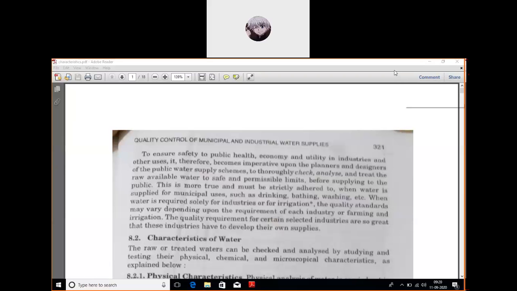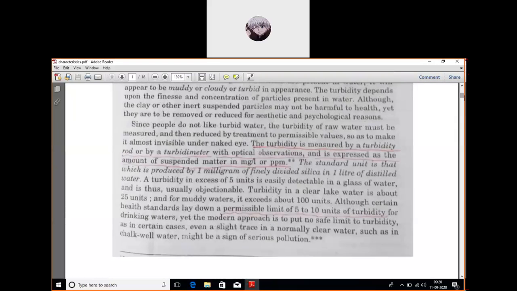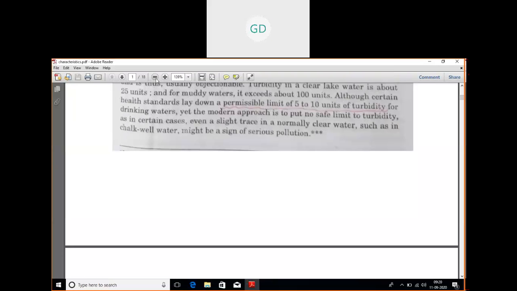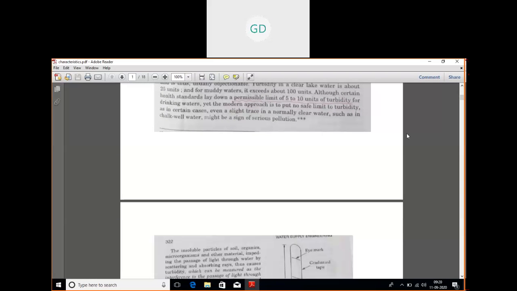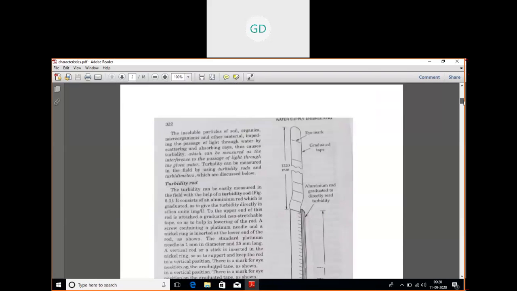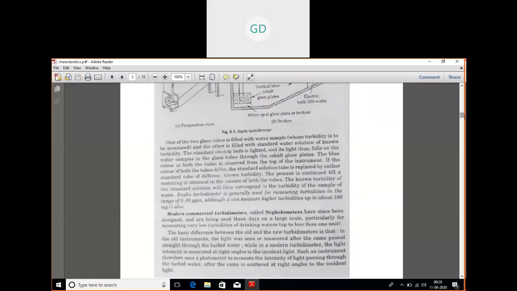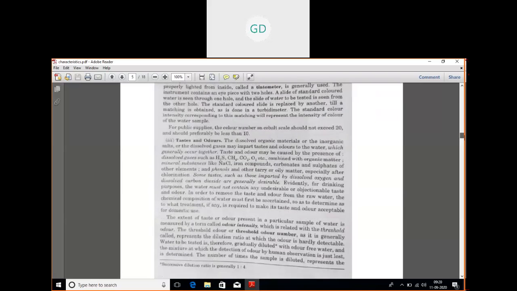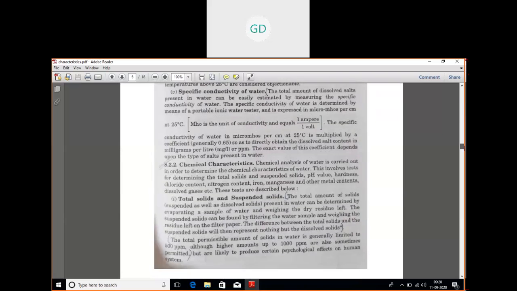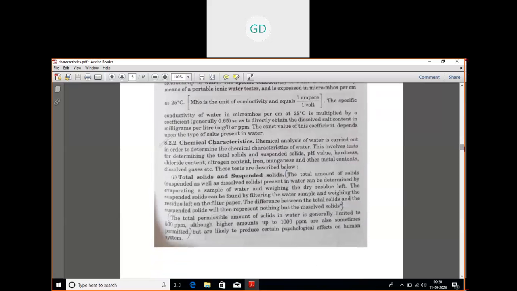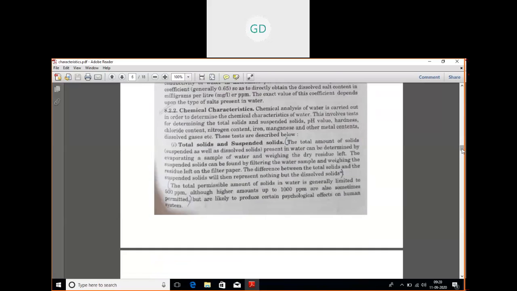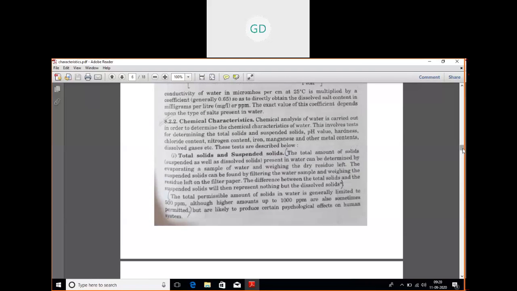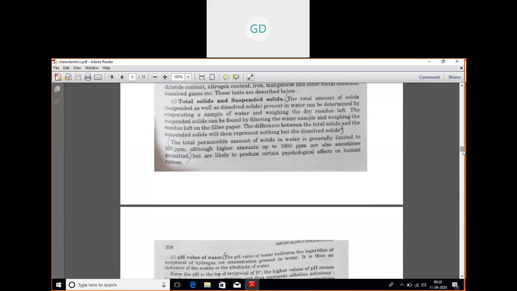So anyone remember last class up to where we completed? I think we have started total solids and suspended solids, right? Chemical characteristics, I haven't started.